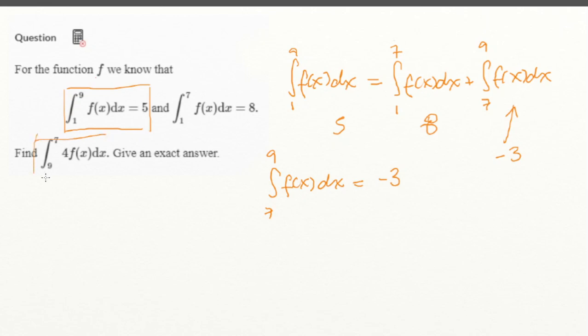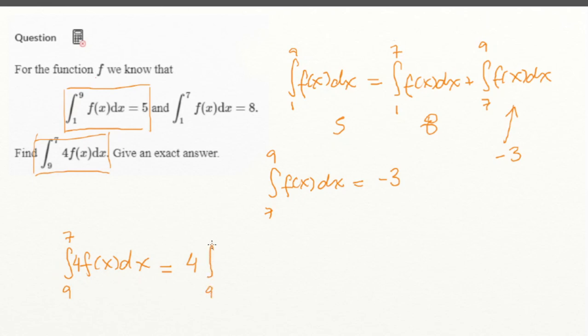Now, our concern here is about the integral from 9 to 7, not 7 to 9. So we will have to invert that, right? Reverse the order. Let me put exactly what we have here, because this is what we're looking for. Now, using what you have just learned, we can bring this 4 outside because it's a constant.